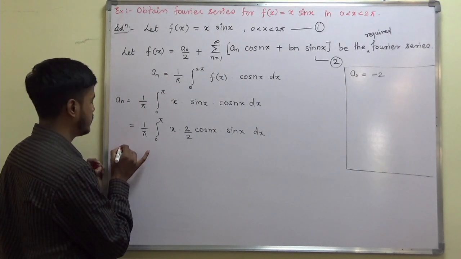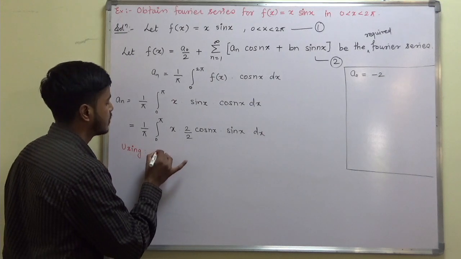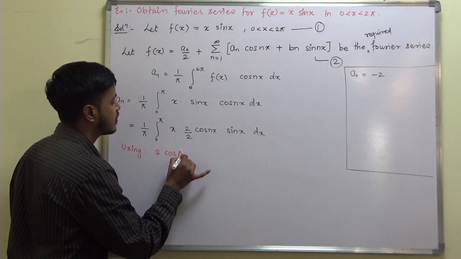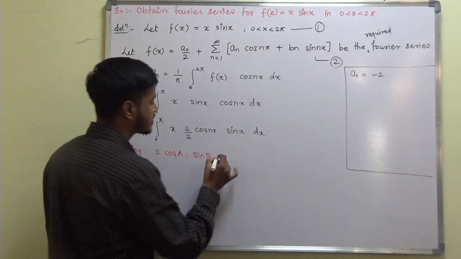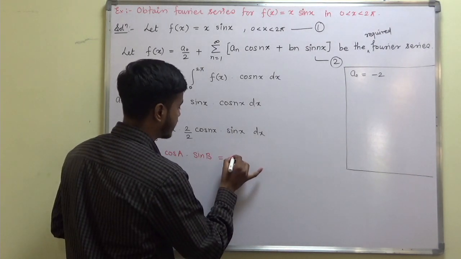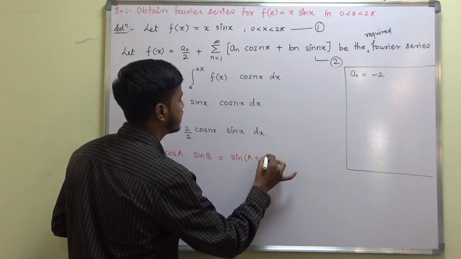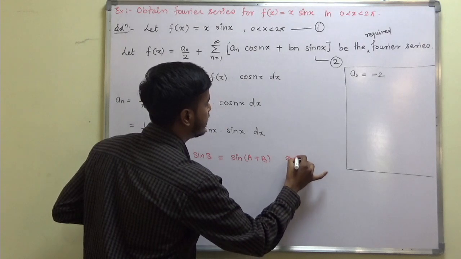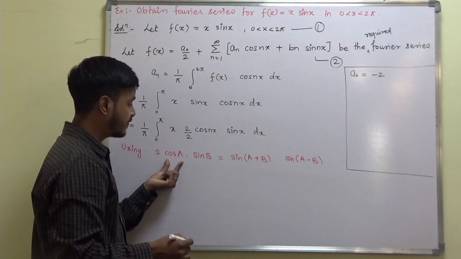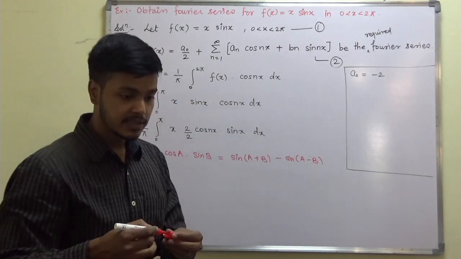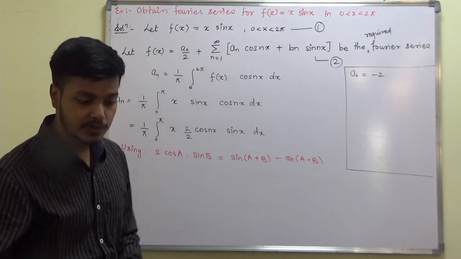Those who don't know, I am writing it here. The formula for 2 cos A sin B is sin A plus B minus sin A minus B, because cos is appearing first, so it should be minus. So this is the formula we are going to apply over here.